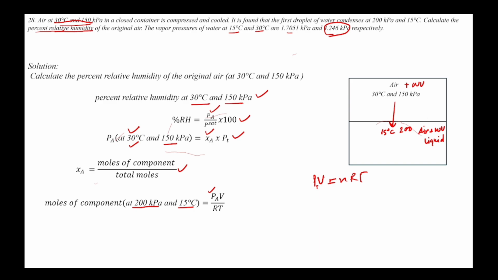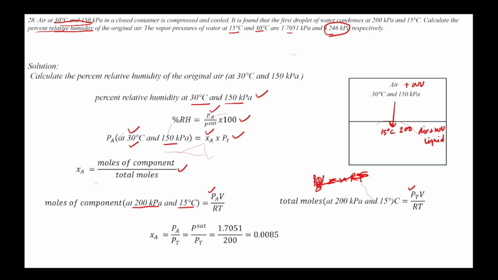If there are two or three components and we have to find the moles, then this becomes partial pressure, right? So what is the mole fraction? Moles of a component upon total moles. So moles of a component at 200 kilopascal and 15 degrees Celsius is PA V upon RT.